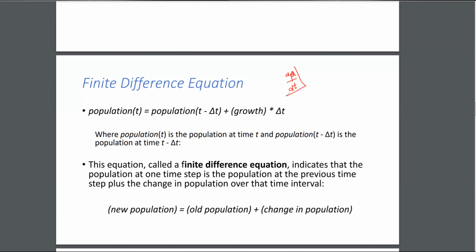What is the connection between this and the rates, and the new and previous populations? How can I play around with these things? That's what we're going to learn in this area right here.